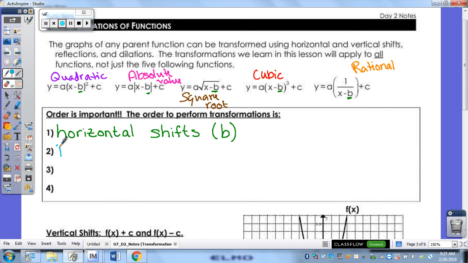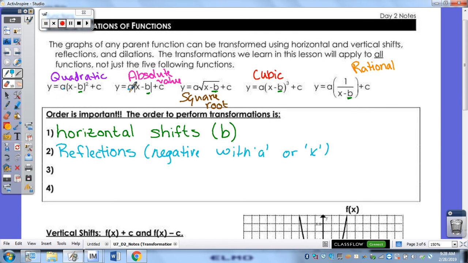So next would be any reflections. So our reflections that we would have are purely over x-axis or over your y-axis. And that would just be because of a negative sign, either with A or the x. So if we take a look, A is the value in the front of every single equation.